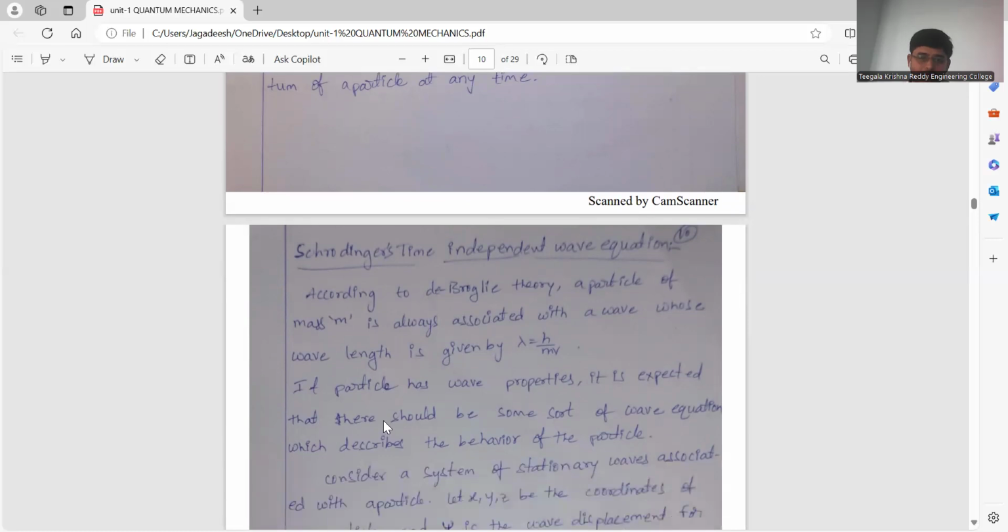If a particle has wave properties, it is expected that there should be some sort of wave equation which describes the behavior of the particle.